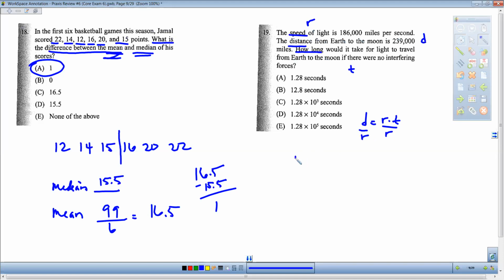So I need to take the distance, which is 239,000, and divide it by the rate, which is 186,000. That should give us the time in seconds. So once you do the division, you'll get 1 and 2800 seconds. Your answer is A.